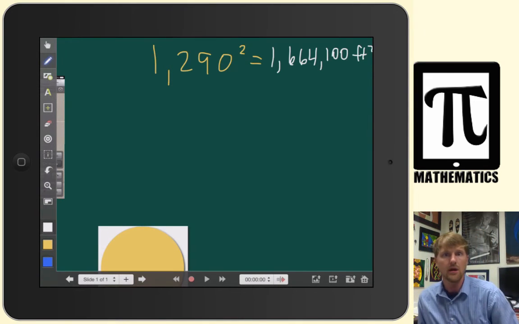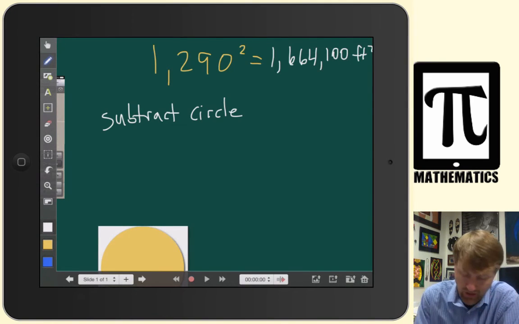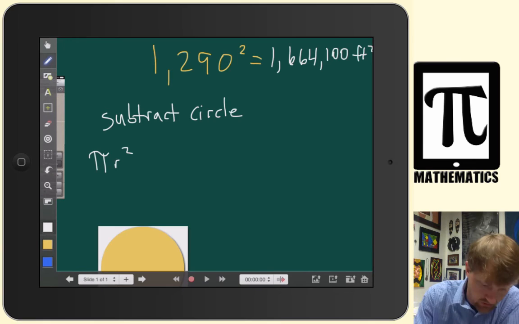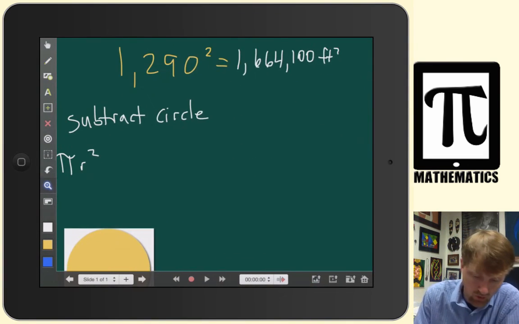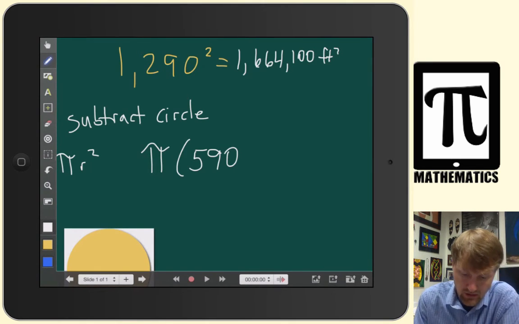Okay, and we need to subtract the circle, and the area of the circle, you got to remember it's pi times r squared. Okay, and we know the radius of the circle. Move over here, the radius was 590 feet. So what we're going to have is pi times 590 feet squared.